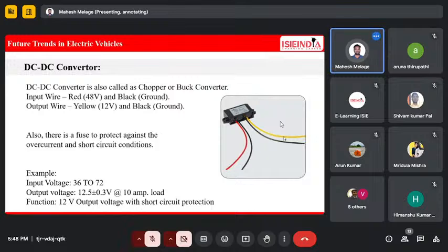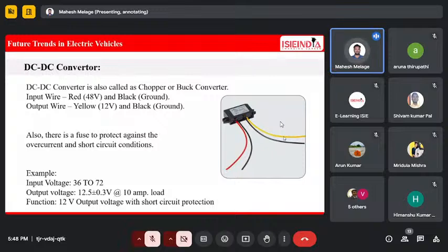Next is a DC-DC converter. So why do we use the DC-DC converter? Because we already have the stored DC supply, but we use another DC-DC converter because the auxiliary components, meaning indicator, horn, and headlight, operate at a 12 volt supply, and the battery stores 48 or 72 volts. If 72 volts or 48 volts is directly connected to the auxiliary components, it will damage them.